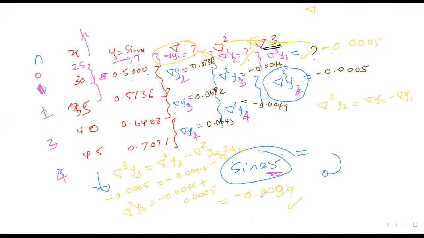So this one will be 0.0039, which is equal to Δy2, yes I know, 0.0736. So this is I don't know. If you take this side, Δy1 is equal to 0.0736 plus 0.0039. So what will be the answer to this one?